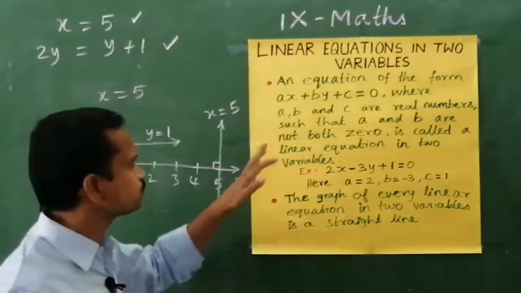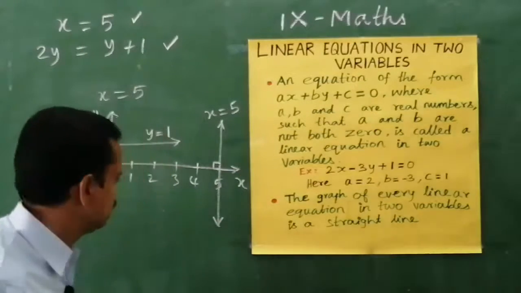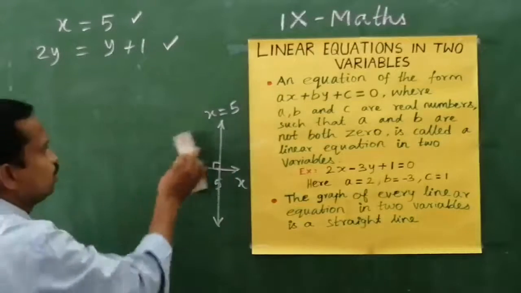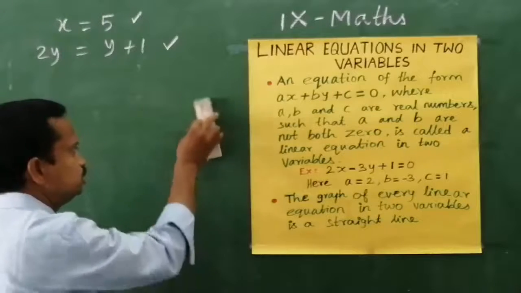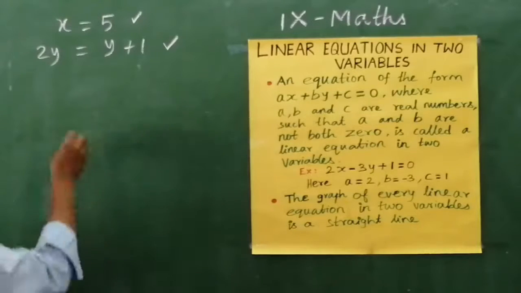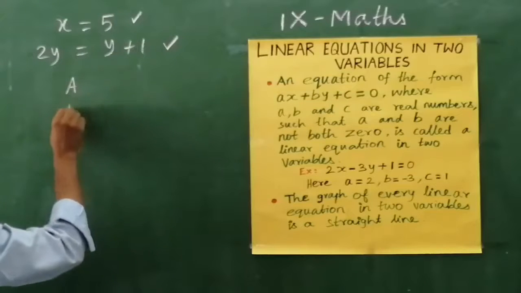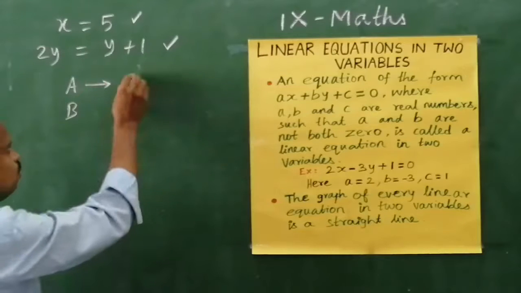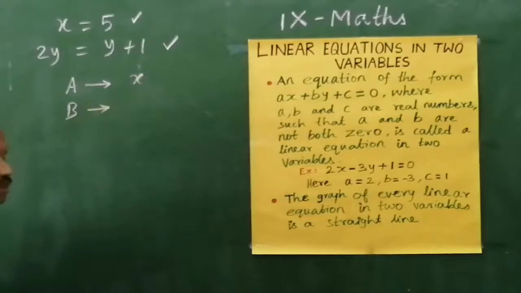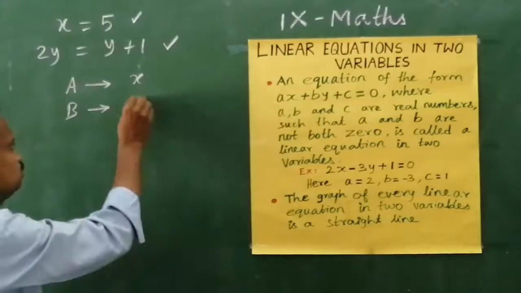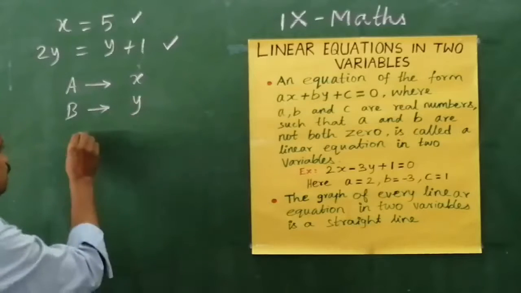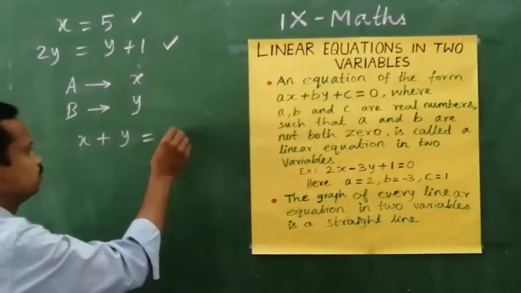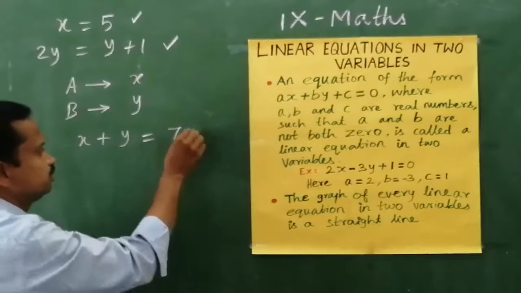So, what about two variables? For example, I will give you a best example. In a cricket match, there are two players, A and B. The runs scored by player A you consider as x, and the runs scored by player B you consider as y, and they say together both scored 70 runs.